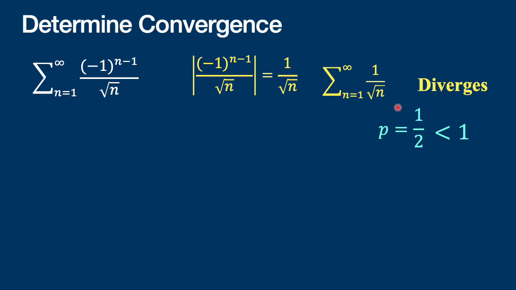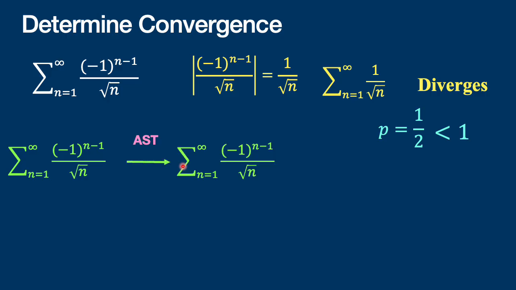Now we have checked the absolute value series. So how about the original series? That's the alternating series, where b_n is 1 over the square root of n. You can check that b_n is decreasing and the limit of b_n is going to 0. So the alternating series test confirms this alternating series converges.